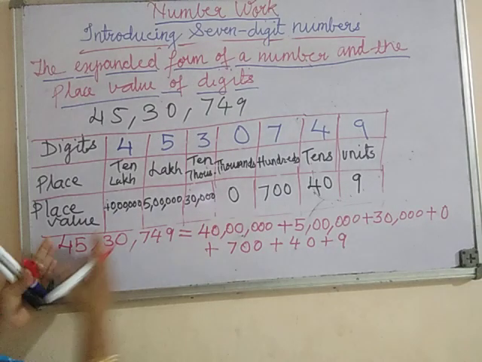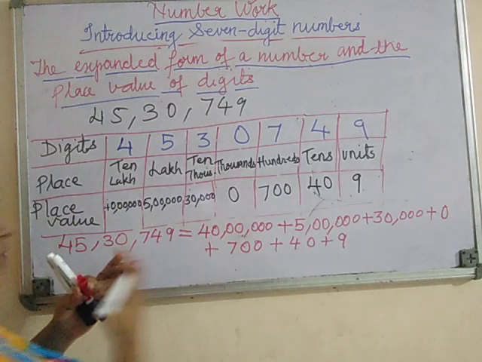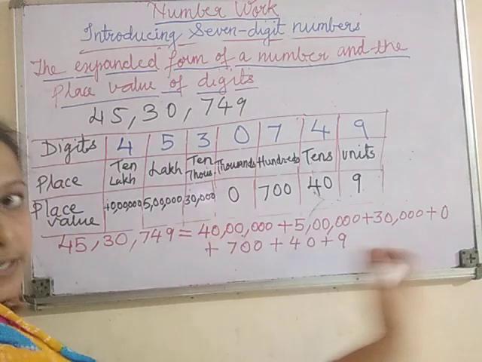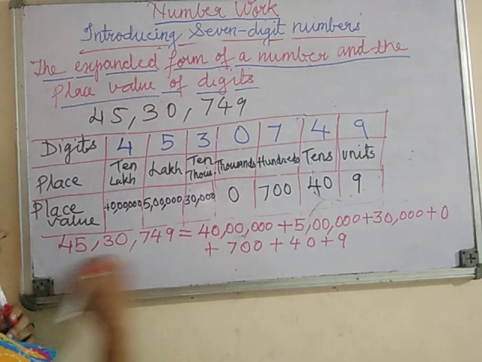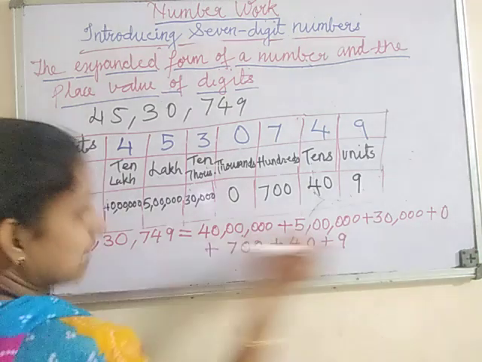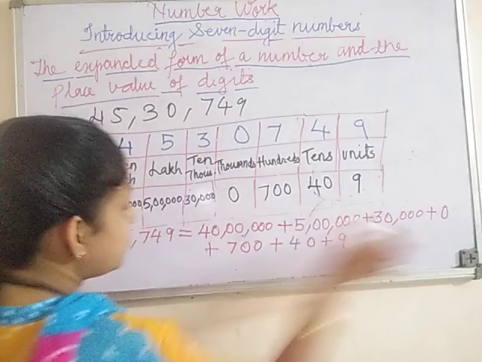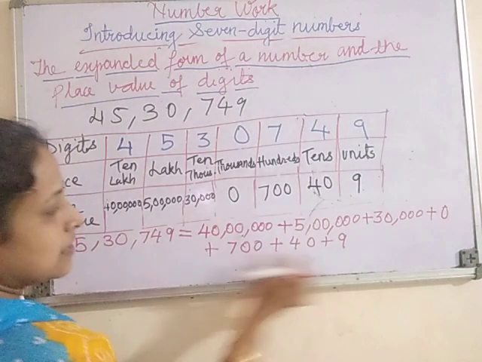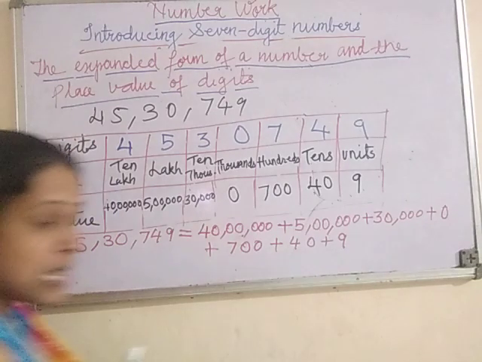So you have expanded. Expanded means made it larger, made it bigger. That is called expansion. So here you have expanded this number as 40 lakh plus 5 lakh plus 30,000 plus 0 plus 700 plus 40 plus 9. So this is how you are supposed to write.